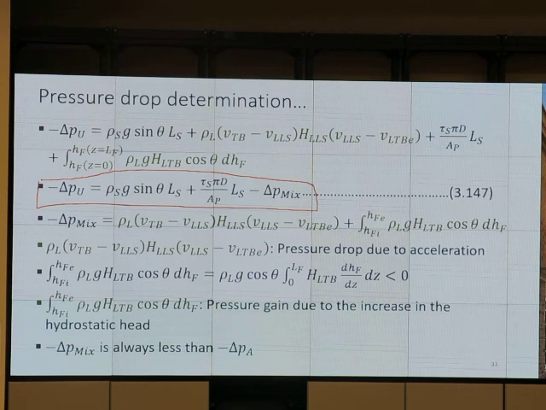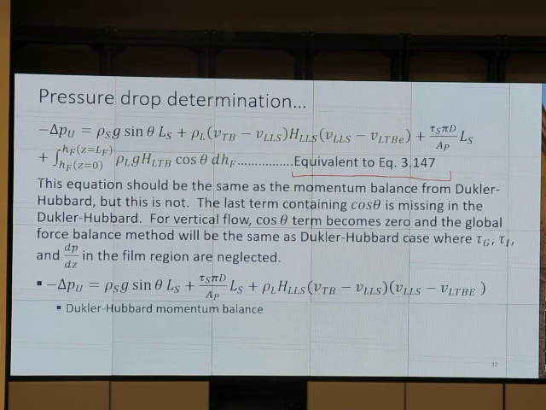The Douglas-Hubbard suggestion is like, hey, the pressure drop in the film, we neglect it. Why? When I do that, this thing I put over here, the equation should be the same as Douglas-Hubbard, but it's not.